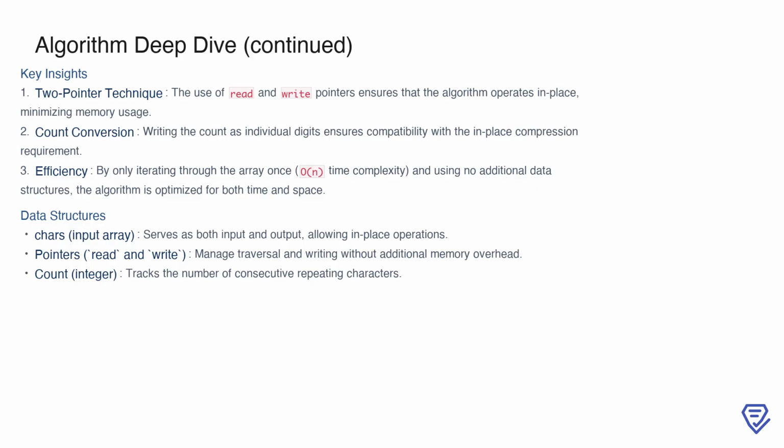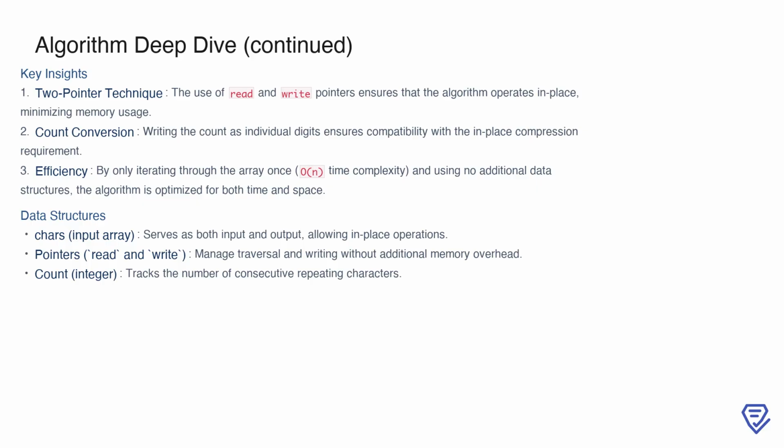The algorithm is built on three important insights. First, the two-pointer technique ensures the operation is done in place, eliminating the need for extra memory. This technique is key to minimizing space usage. Second, converting the count into individual digits allows us to directly write these digits into the array while preserving its in-place nature.